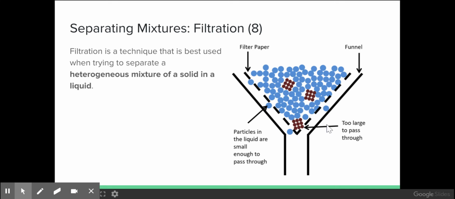Most typically, you'll have an experimental setup where you have a funnel, possibly being held by a ring stand or inside of a flask, some type of filter paper that has holes that are small enough to catch the particles of whatever the solid is and allow the particles of the liquid, usually water, to pass right through. This separation technique is the best one to use when dealing with heterogeneous mixtures of a solid in a liquid.